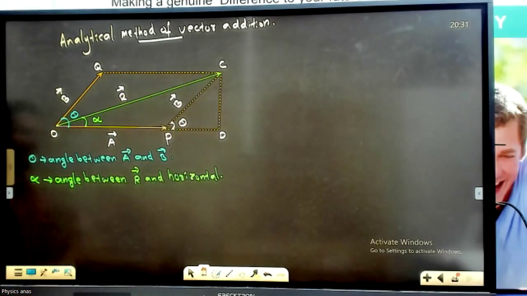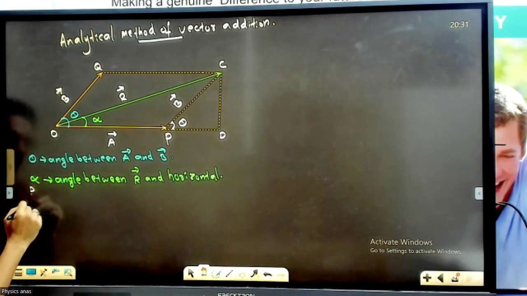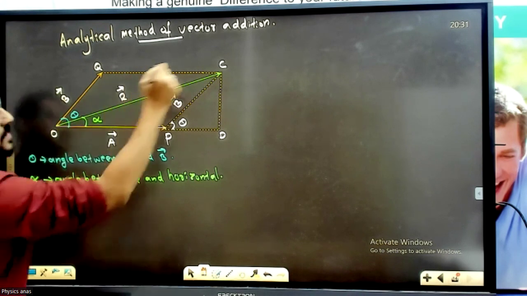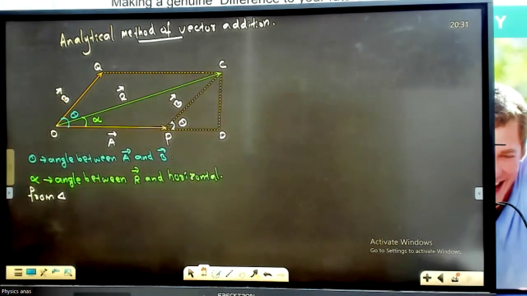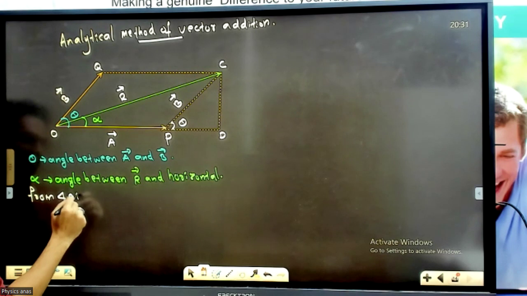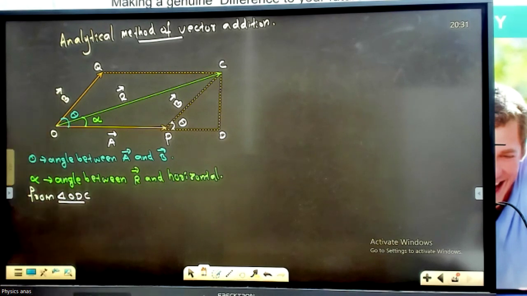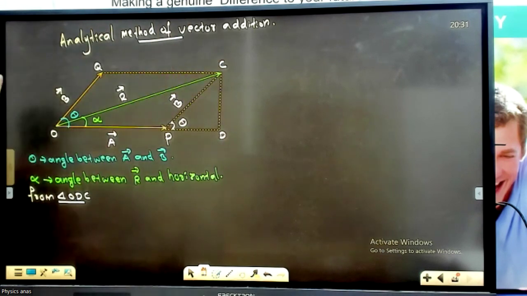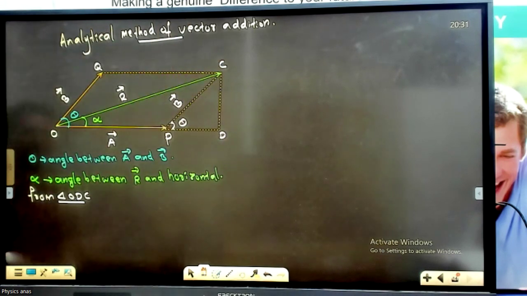So I can choose the bigger triangle, ODC. Can you see that triangle ODC? From triangle ODC, use Pythagoras theorem.